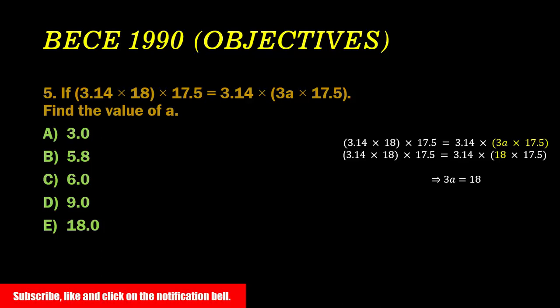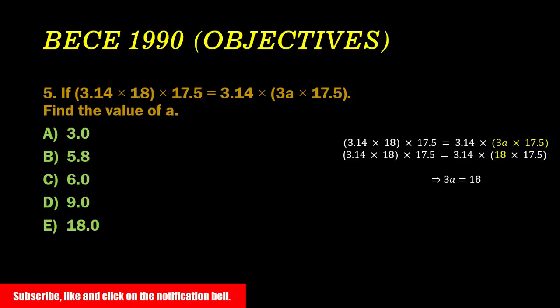So remember, in every mathematical question, always solve from the known to the unknown. All right. So for instance, in the left part of the equation, you are given quantity 3.14 times 18 times 17.5. Just simply work with that.